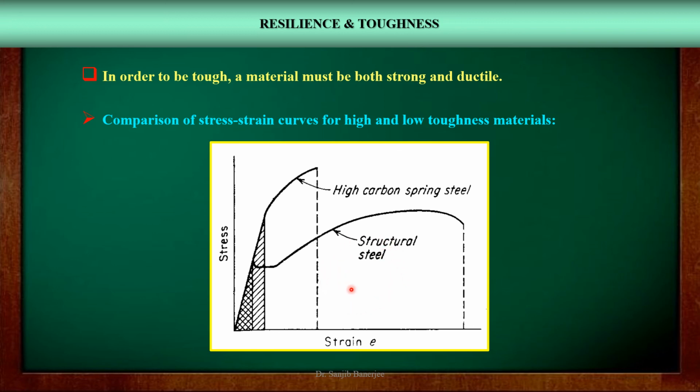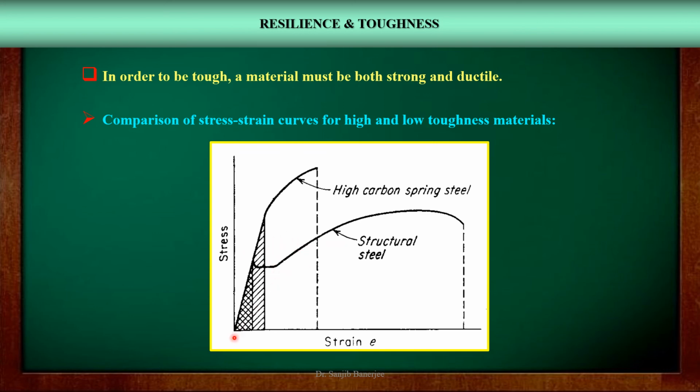Hence, for the second stress-strain curve, that is for the structural steel, even if the strength level is low, due to high amount of ductility or fracture strain, the area under the stress-strain curve becomes much higher compared to the area under the first curve.